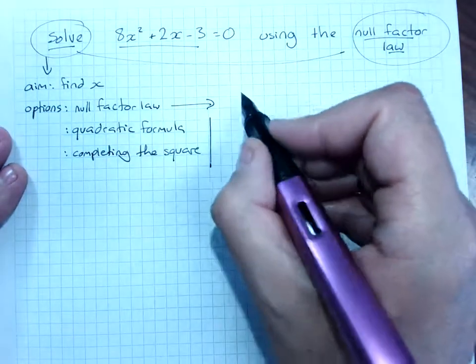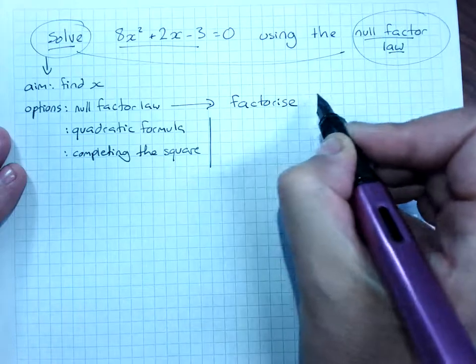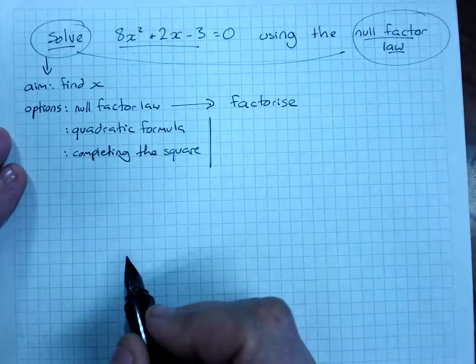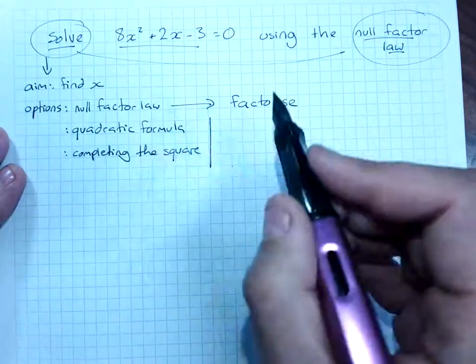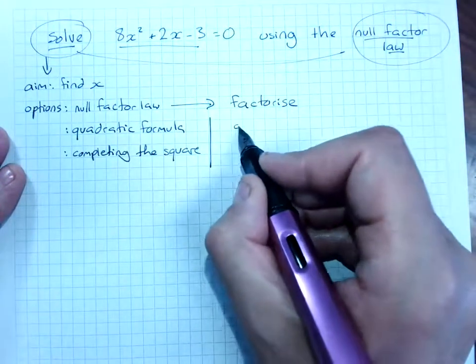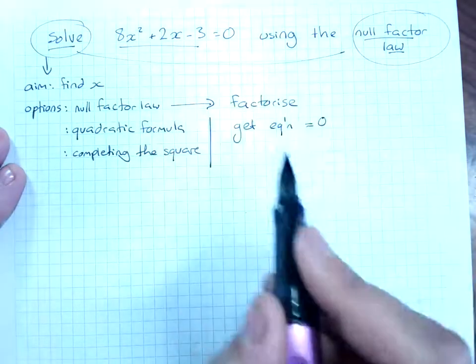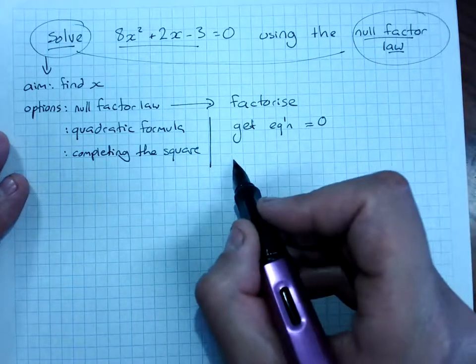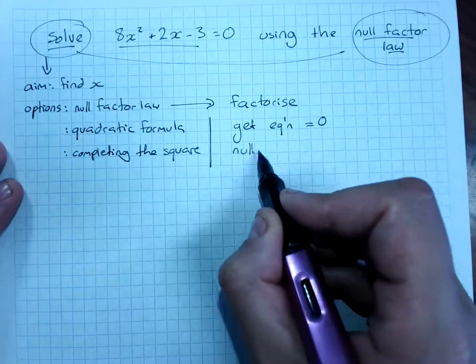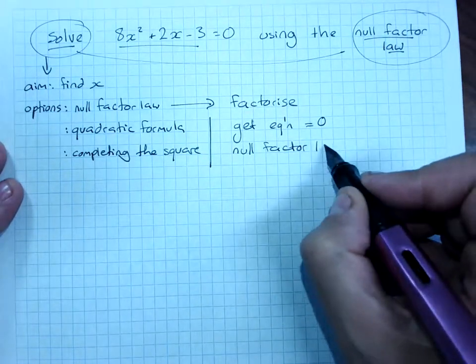Your steps are that you must factorize the expression, or in this case an equation. The equation must equal 0, which this does. Then our null factor law comes into play, and I'll explain these steps once we've got to them.